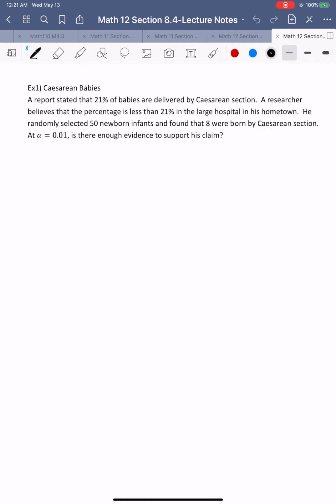Alright, we need to find p hat, which is x over n. x is 8 over 50, which is 0.16. And p is 0.21 from the 21%, and q is 1 minus p, which is 0.79.